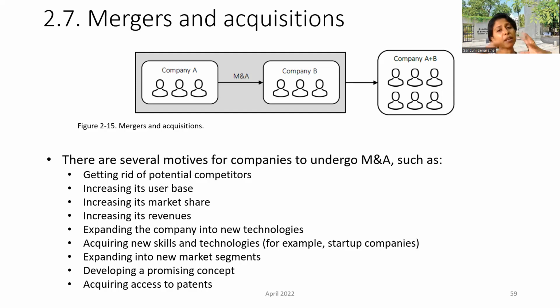In order to develop a better, more promising value for the customers, companies can enter into mergers and acquisitions. And also with the intention of acquiring access to patents. If there are specialized patents owned by other companies, in order to gain access to such patents, organizations may enter into mergers and acquisition arrangements.